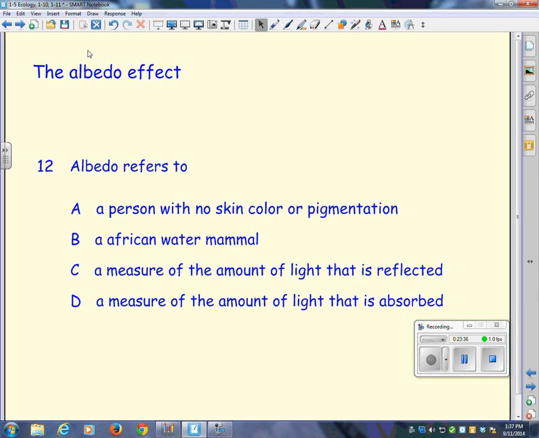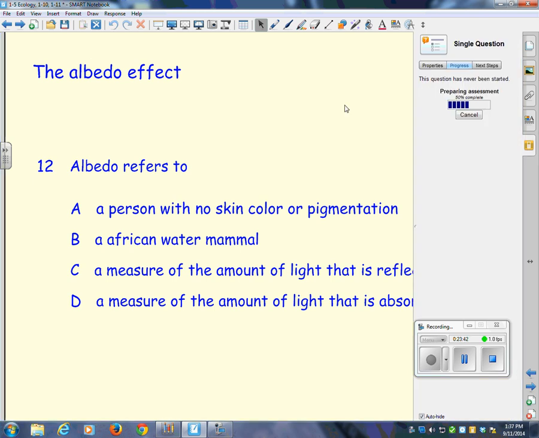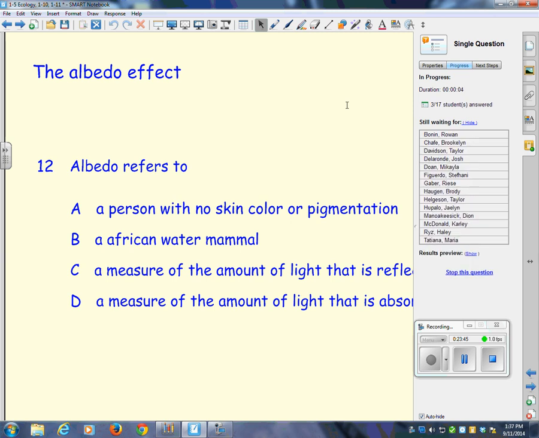What is the albedo effect? Albedo refers to a person with no skin color or pigmentation. Is it an African water mammal? I did make some of these up, by the way. I'm not giving away any hints.